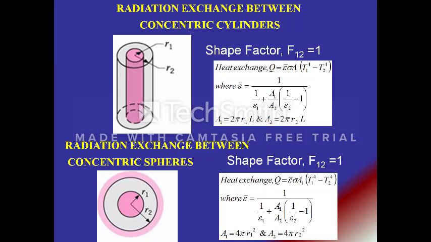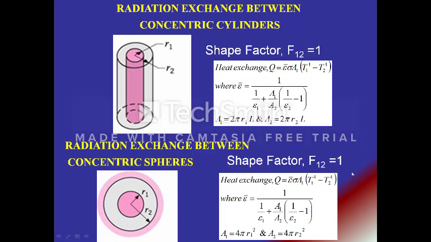The last case is radiation exchange between two concentric spheres, similar to the cylinder. There is an inner sphere and an outer sphere. The inner sphere has a radius of r1, the outer sphere has a radius of r2. Whatever energy leaves the inner sphere will definitely fall on the inner surface of the outer sphere.